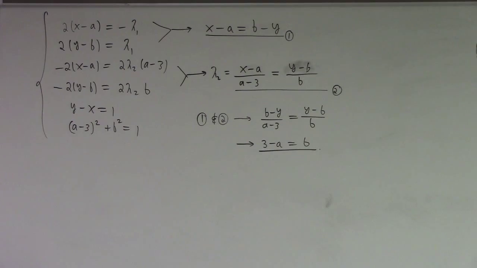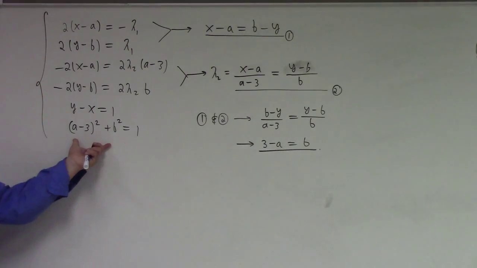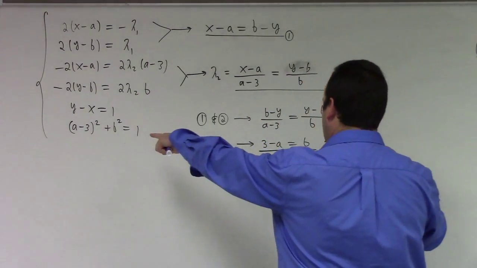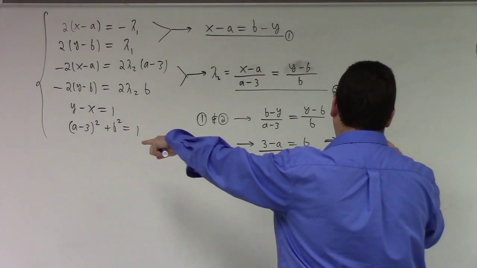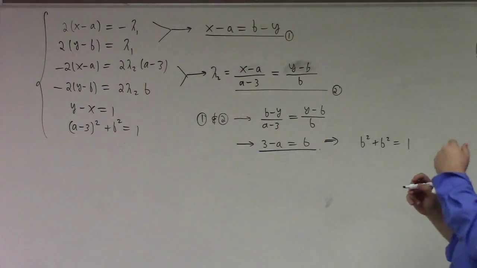Then what? Then you feed it back to this, right? So that tells me that b squared plus b squared is equal to 1 because the square eats the minus.